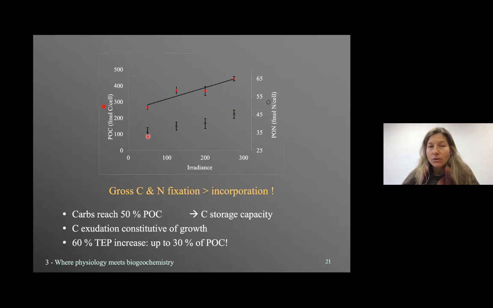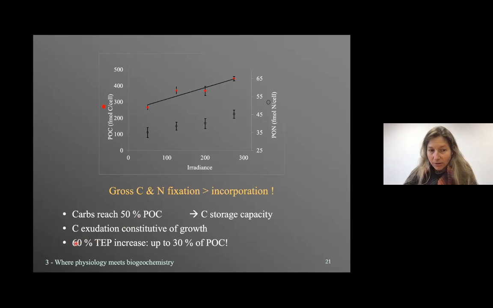And that's also something very counterintuitive, because usually carbon exudation is seen as sort of an outlet for too much carbon fixed. Here, we cannot have too much carbon fixed because cells are subsaturated. They could fix more, they could store more, they could grow faster, but they don't, and still they spit carbon. So this is a very, very interesting point of their physiology.